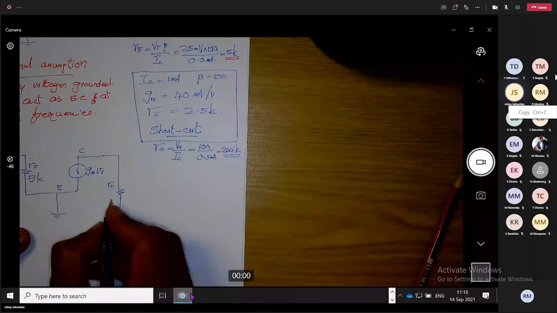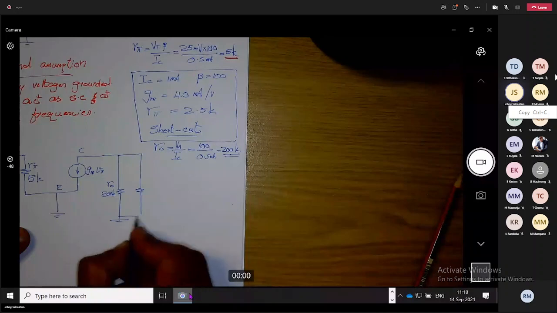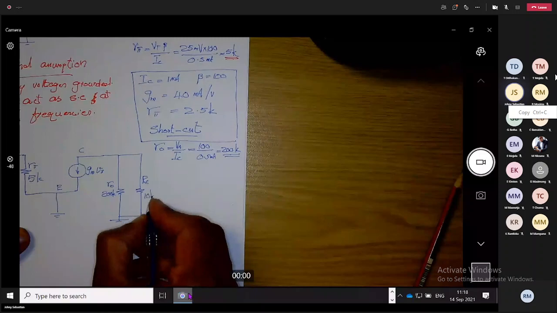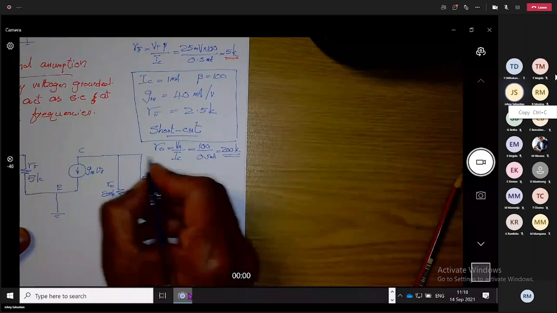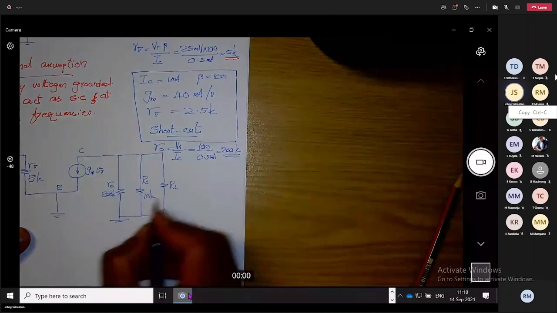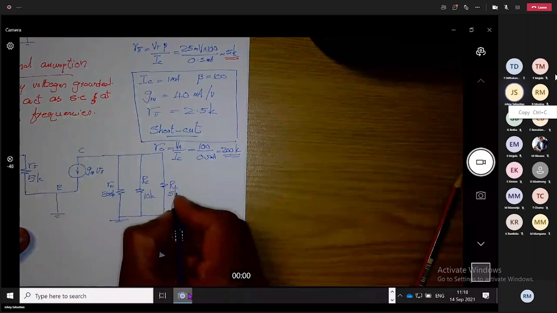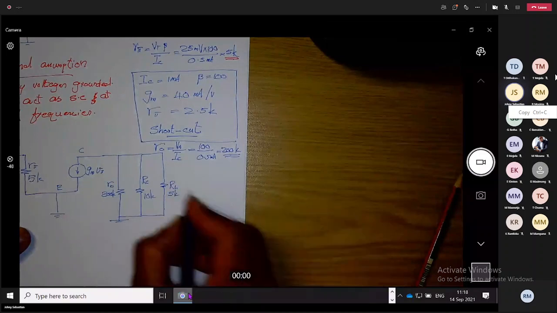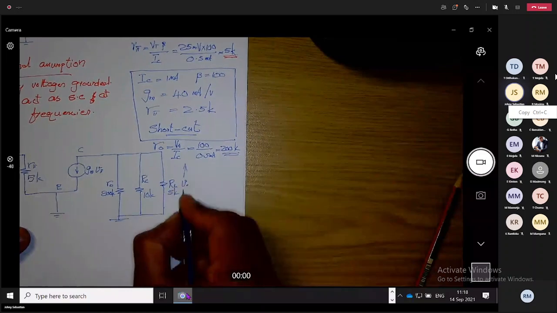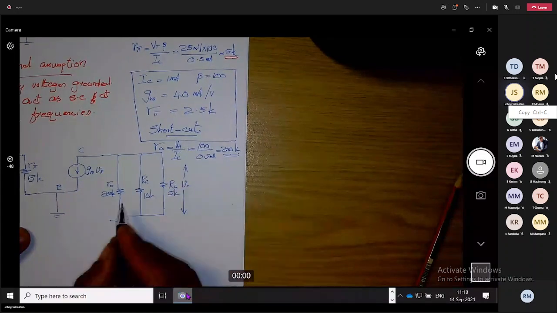From the same point, we have RC also going to ground, which is 10K. Then we have RL also going to ground. RL is 5K. Then we have V naught across the parallel combination of r naught, RC and RL.